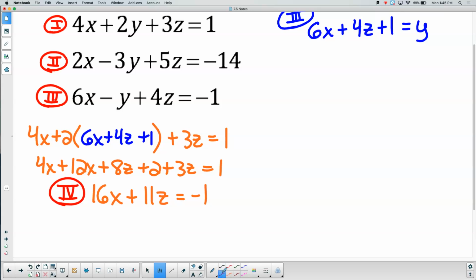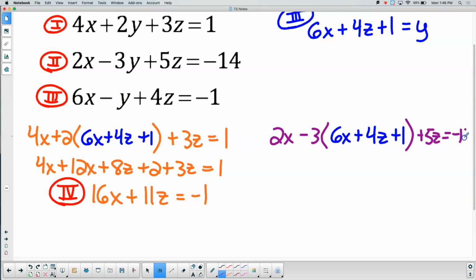Then if I go into equation number 2, 2x minus 3 times 6x plus 4z plus 1 plus 5z equals negative 14. 2x minus 18x minus 12z minus 3 plus 5z equals negative 14.